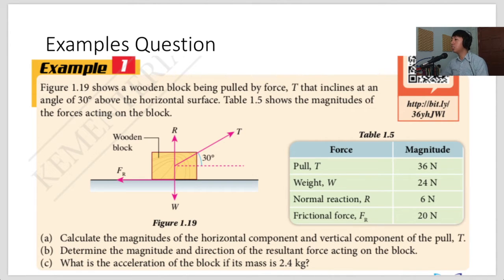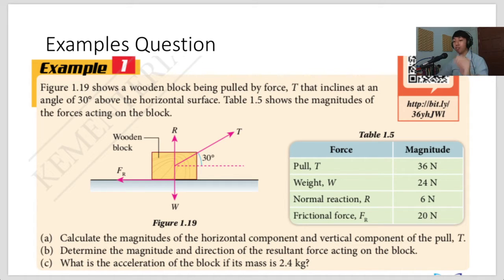Figure 1.19 shows a wooden block being pulled by force T. So the main force that we're talking about is T. That inclines at an angle of 30 degrees above the horizontal surface. Table 1.5 shows the magnitudes of forces acting on the block. So it shows that T is 36 newtons, weight equals 24 newtons, normal reaction is 6 newtons, and frictional force is 20 newtons.